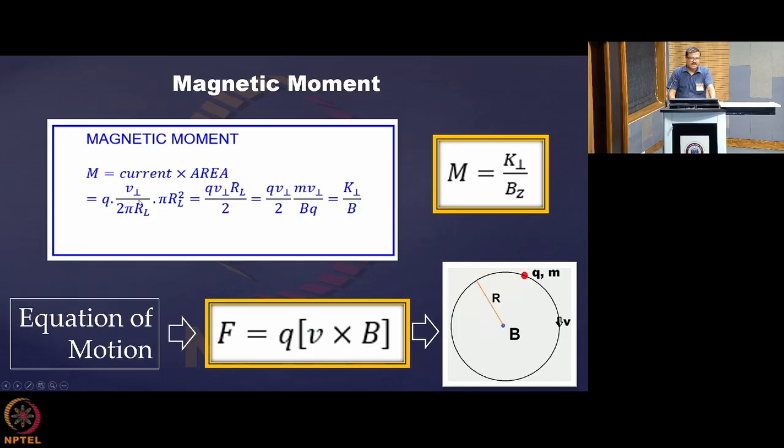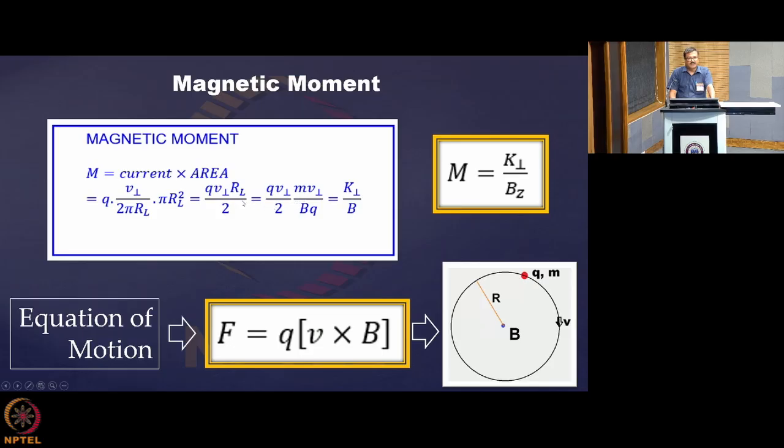Charge into frequency gives you the current, and then when you multiply the current by the area of the orbit, that is pi R_L squared, you get the magnetic moment. So you just simplify this and you get q v perpendicular R_L by 2 after simplification.